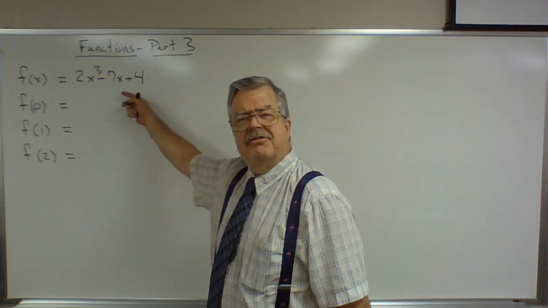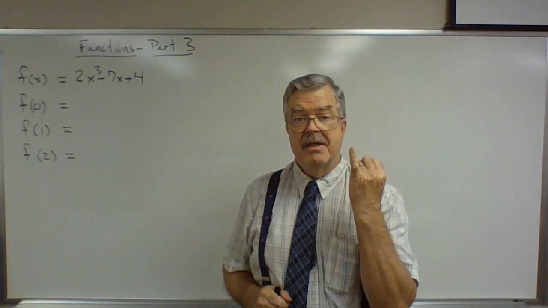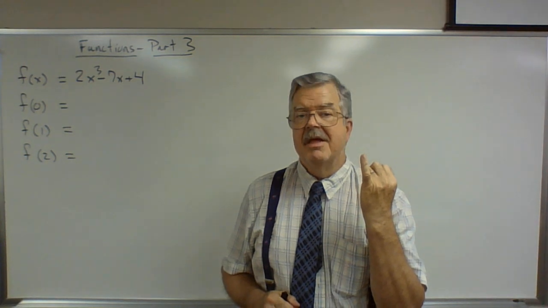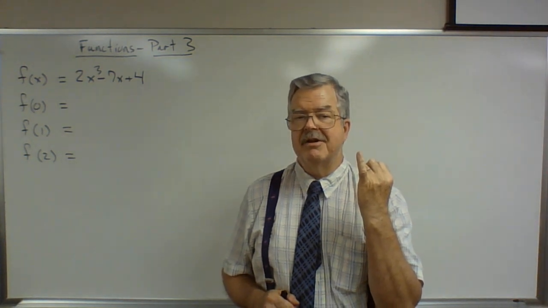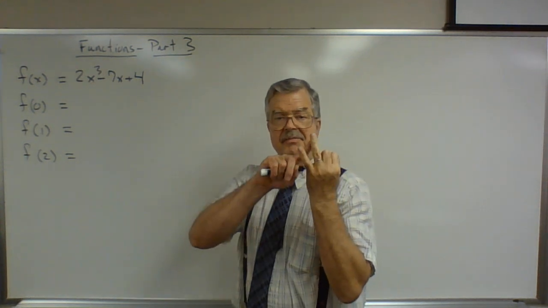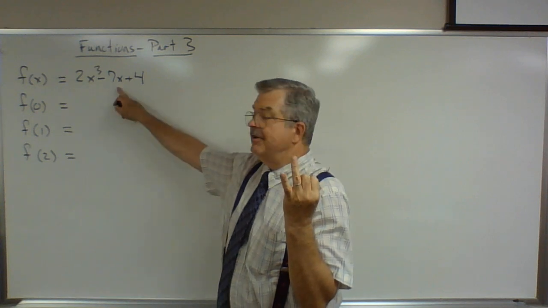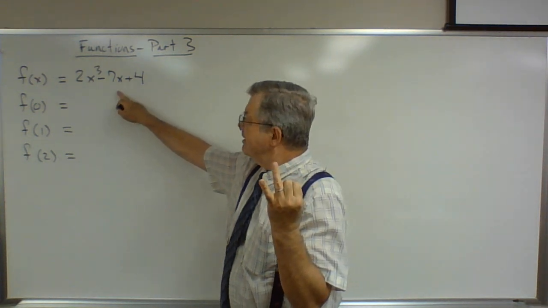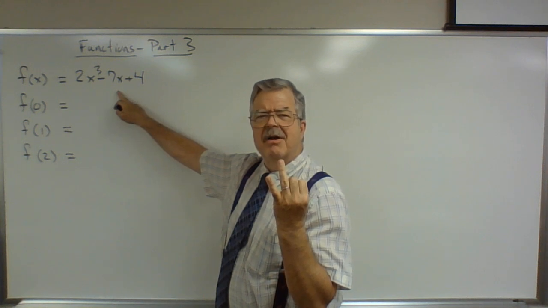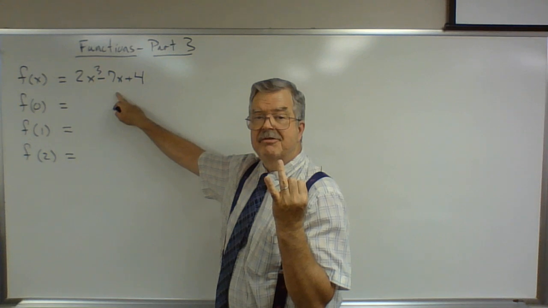When we see a function defined like this, we start off assuming that the domain is the entire set of real numbers. And then from the entire set of real numbers, we exclude any x value that causes division by 0 in this equation. Well, we're not dividing by anything, are we? So no value of x causes division by 0.